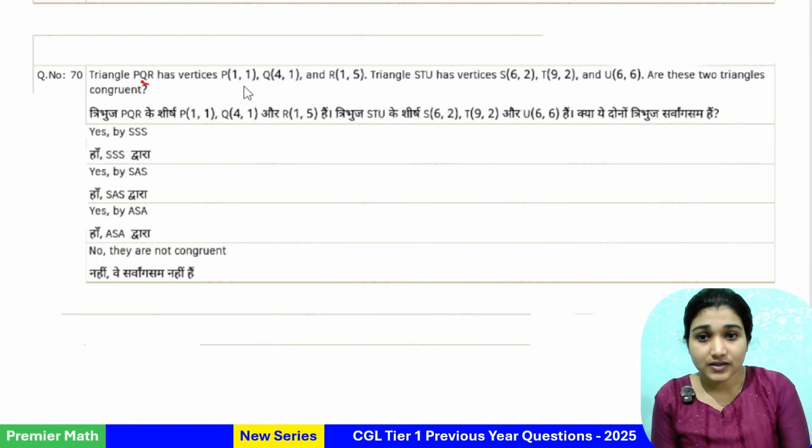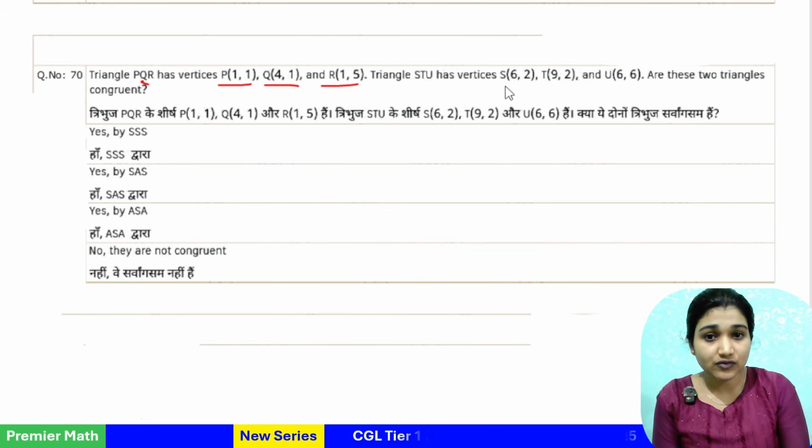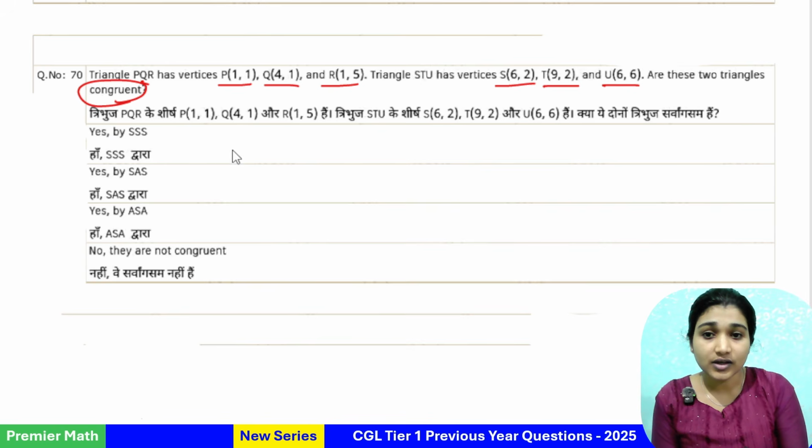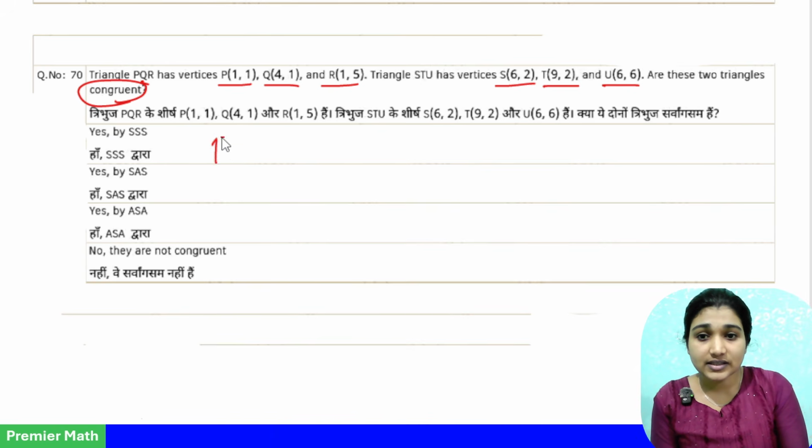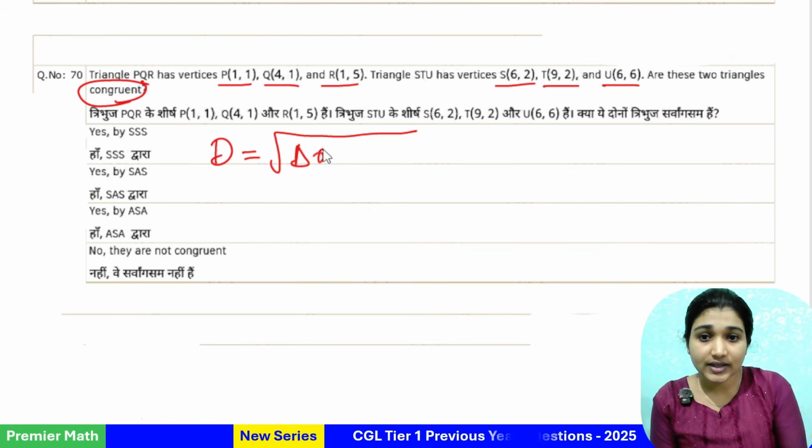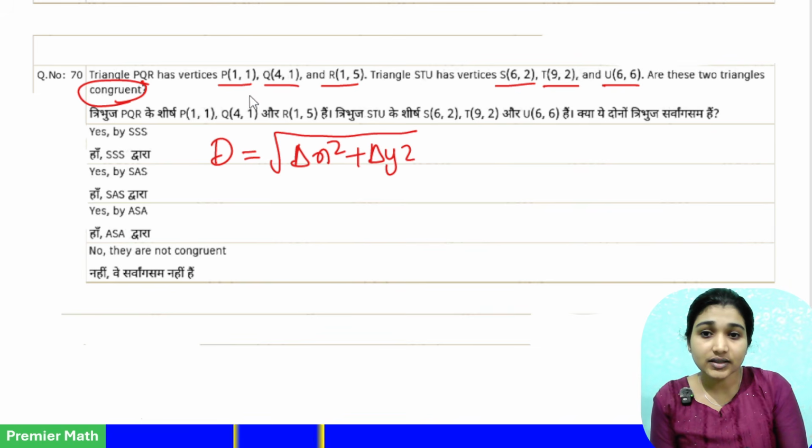Triangle PQR has coordinates P (1,1), Q (4,1) and R (1,5). Triangle STU has vertices S (6,2), T (9,2) and U (6,6). Are these two triangles congruent? Congruent means all the corresponding sides and angles are equal. Now, the distance formula is the root of delta x square plus delta y square, where delta x means the difference between x coordinates and delta y means the difference between y coordinates.